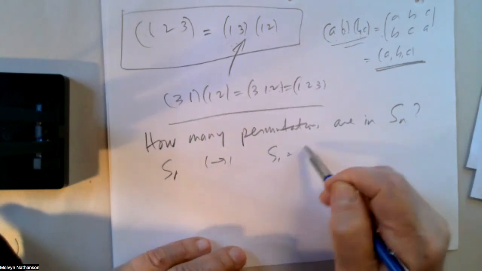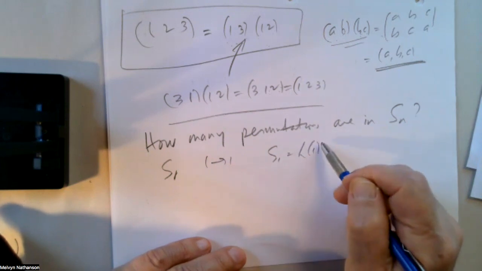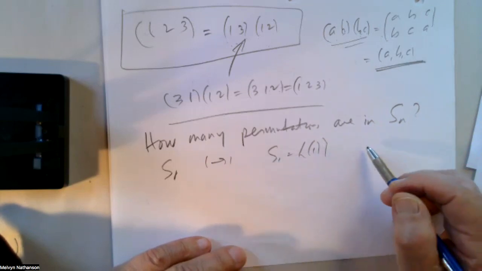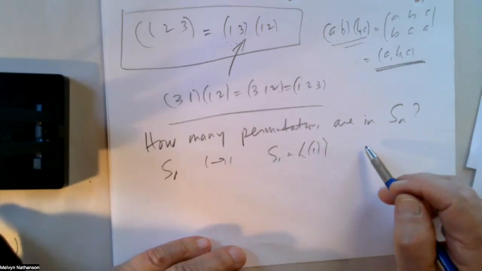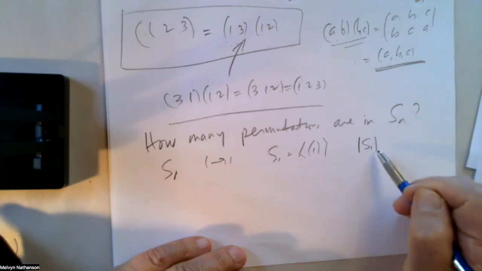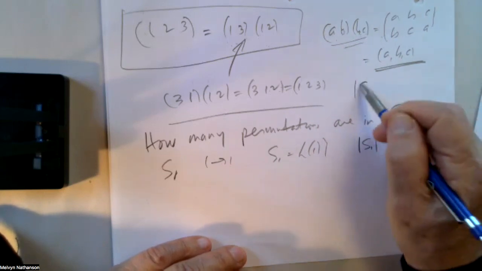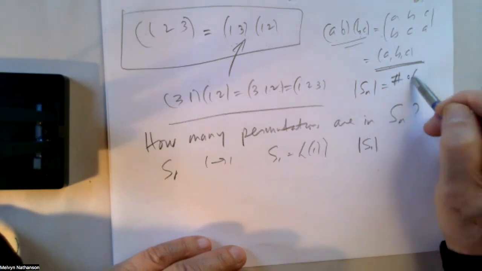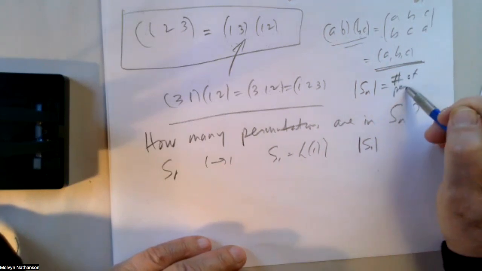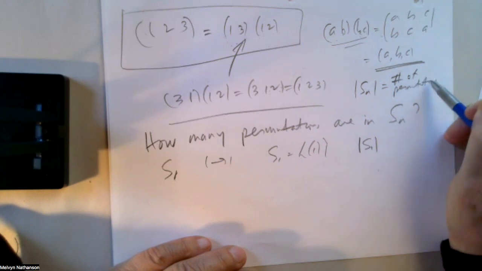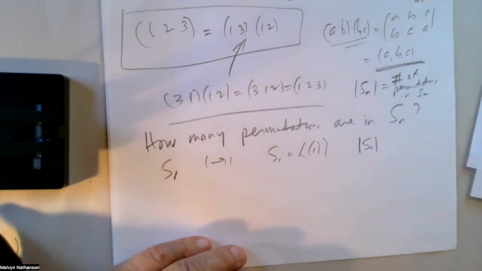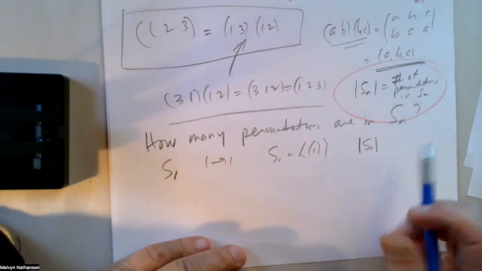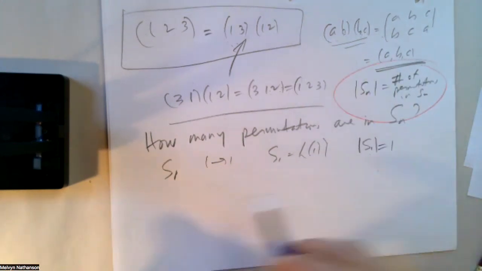So S1 just consists of the permutation 1 goes to 1. So the number of elements in S1, I'm going to write |Sn| for the number of permutations in Sn, so I don't have to keep writing all those words. So the number of permutations in S1 is 1.